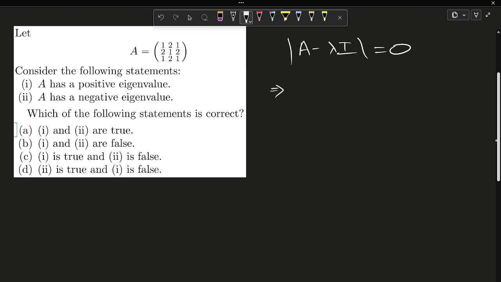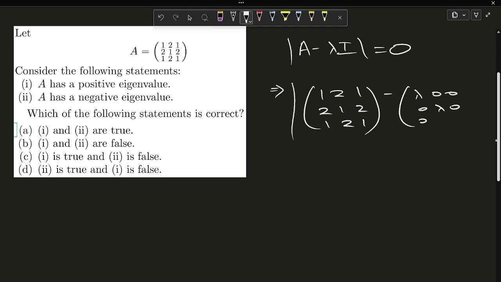So this is the determinant of the matrix 1 2 1, 2 1 2, 1 2 1 minus lambda times the identity matrix, which equals 0.